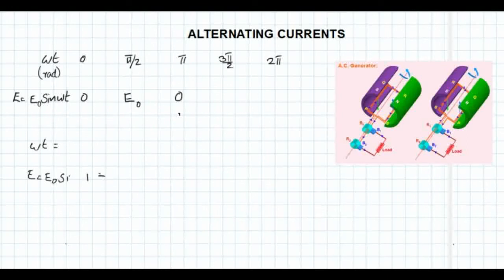Therefore the value of E is 0. Next, omega t is equal to 3 pi by 2. Therefore it is E0 into sin 3 pi by 2, and that is equal to minus 1. Sin 3 pi by 2, or sin 270 degrees, is minus 1.